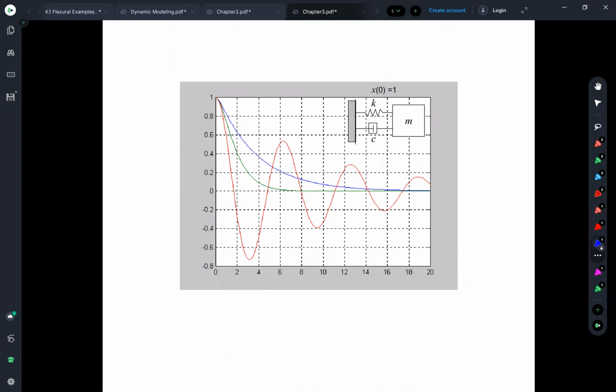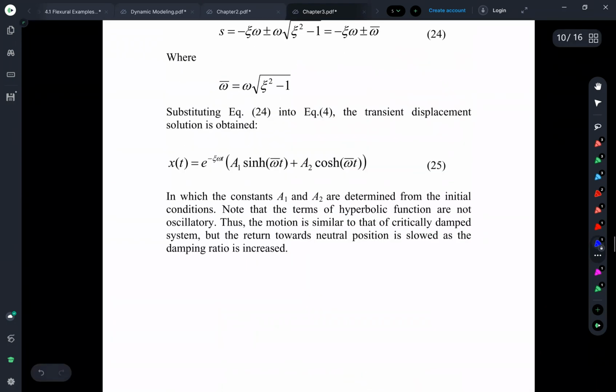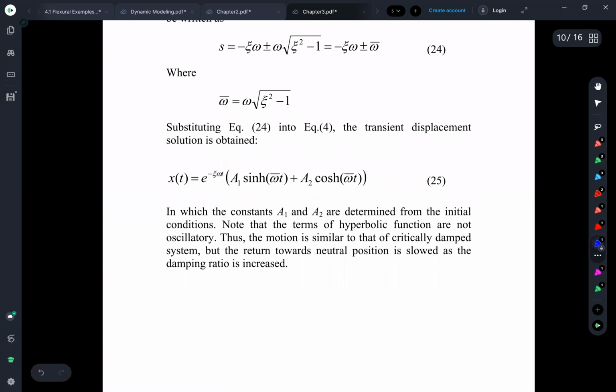So the plotting of 25 looks very similar. I would say very similar, even though the time functions are different.